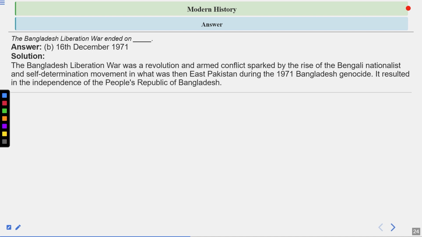So basically, in 1947 India got divided into two new nations. First nation is India. Second nation was Pakistan. Pakistan was further divided into two areas, West Pakistan and East Pakistan. West Pakistan is the current day Pakistan, while East Pakistan is now known as Bangladesh.